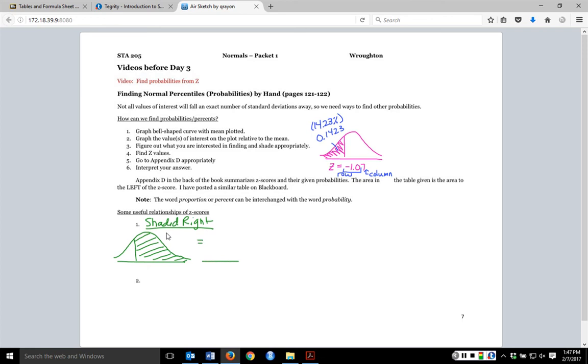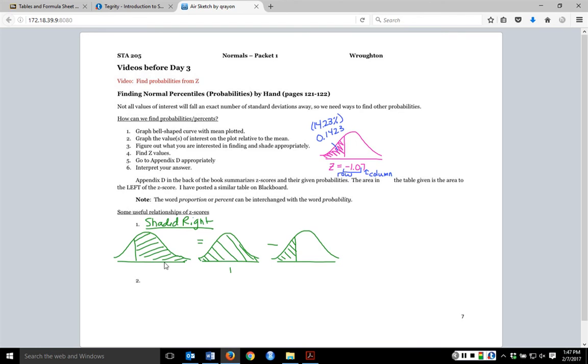So what I'm going to do is start by taking everything, which is basically 1 or 100%. So I'm going to take everything and subtract off what I don't want. And so if I take everything minus what's on the left, I'm going to be left with what's on the right.